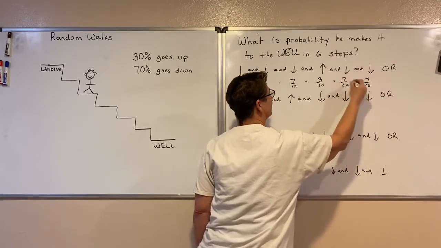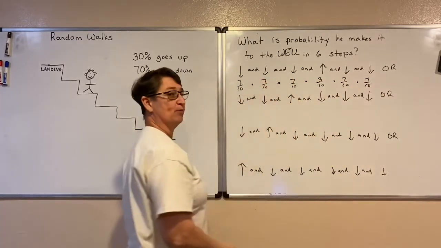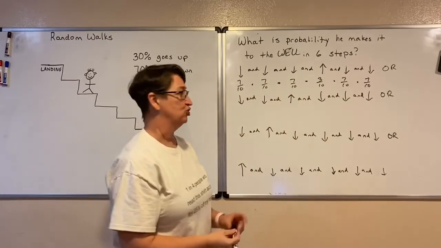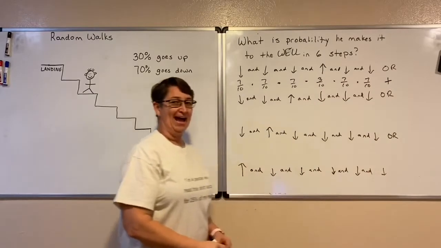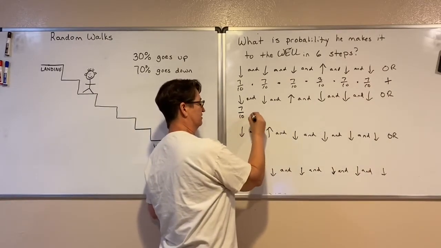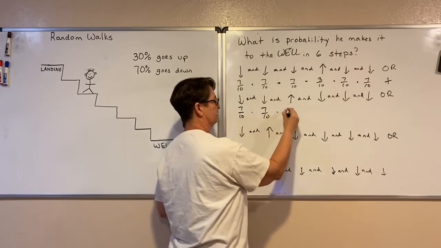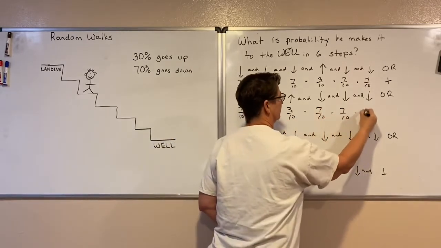And each one of these ands just reminds me that with probability, I'm thinking multiplication. Whereas the ors remind me that I'm going to add. And here I have the same thing, 7 tenths, 7 tenths, 3 tenths, 7 tenths, 7 tenths, 7 tenths.